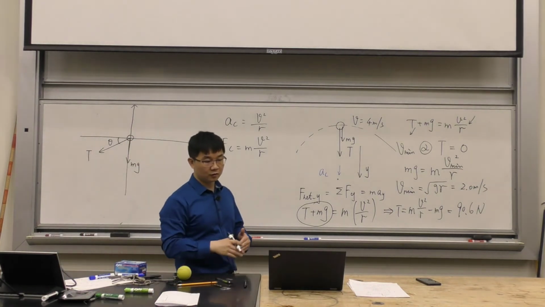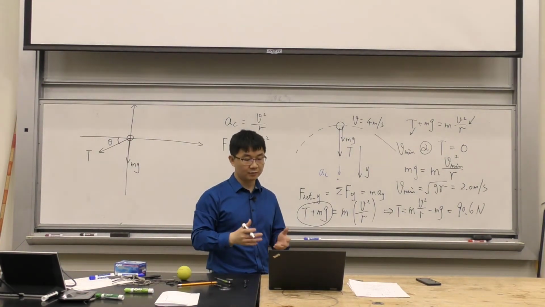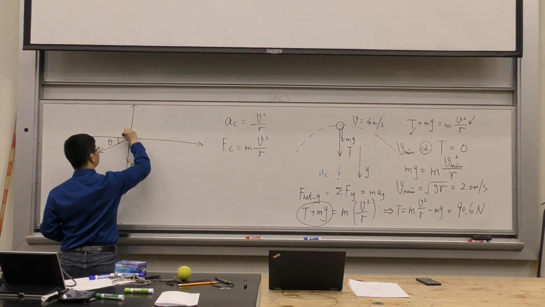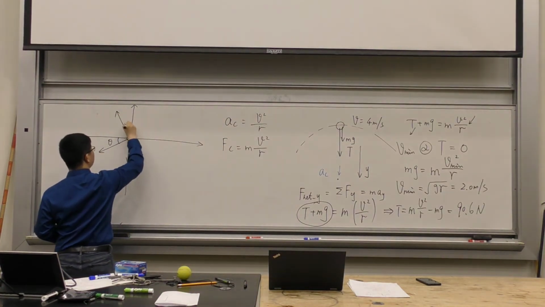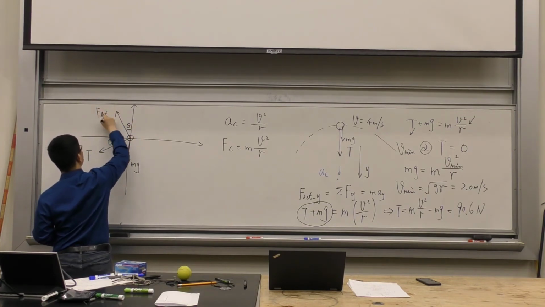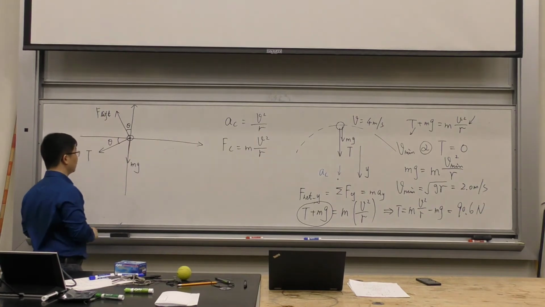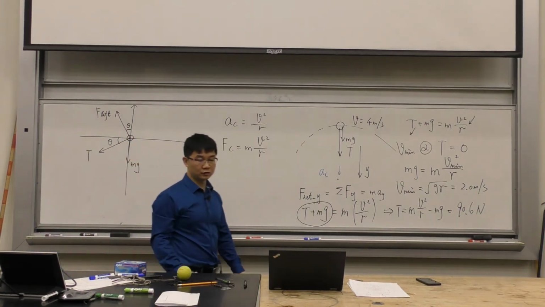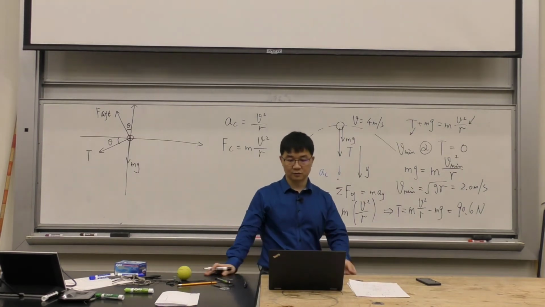And then there's also the aerodynamic lifting force in this direction, which makes angle theta with the vertical. We call it F lifting. So these are the 3 forces. The problem already drew this free-body diagram for us.